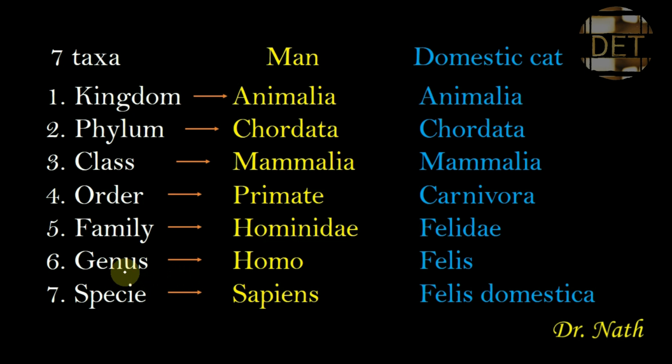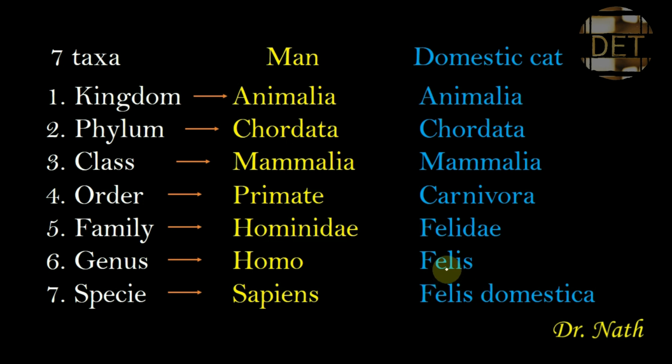So one name is the generic name, while the other name is the species name. Then this is the classification of domestic cat. Cat belongs to the kingdom Animalia, the phylum Chordata, the class Mammalia, the order Carnivora, the family Felidae, the genus Felis, and the species domestica, Felis domestica.